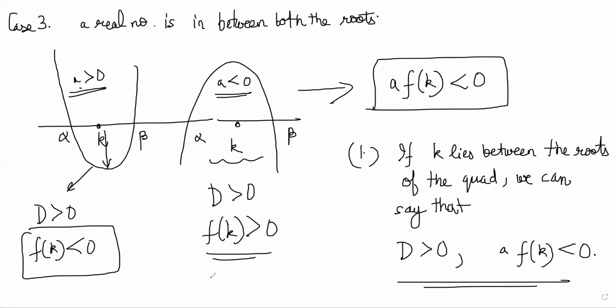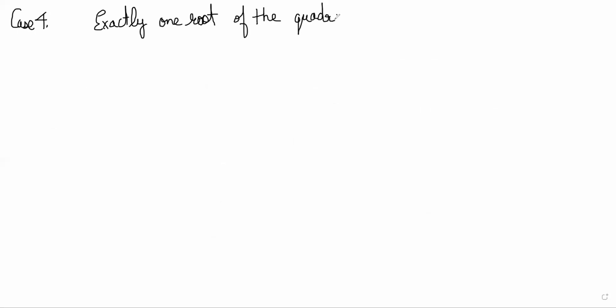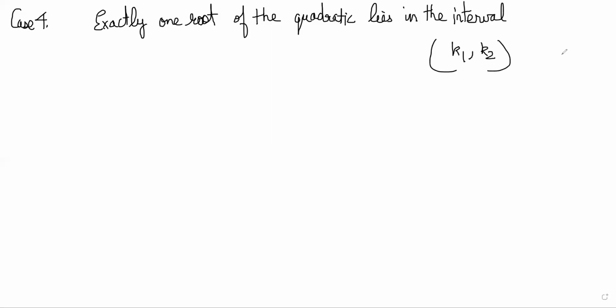Okay. Now, another case that we will look at is case number 4, where we say that exactly one root of the quadratic lies in the interval K1 to K2, where K1 is less than K2, right?